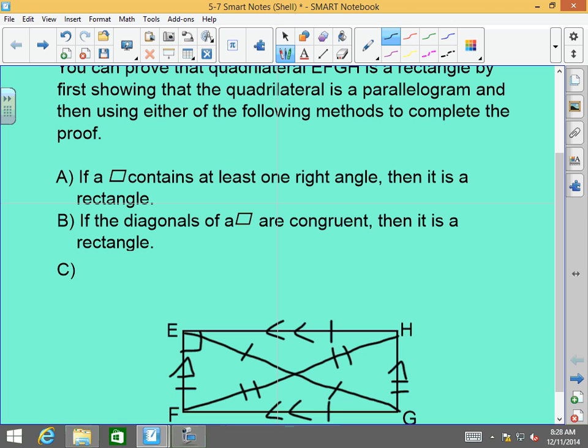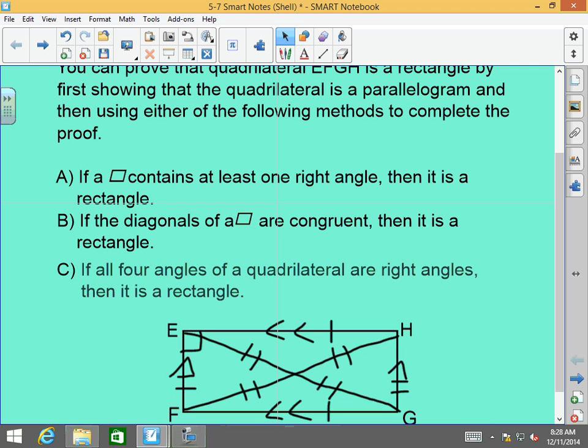If the diagonals of a parallelogram are congruent, then it's a rectangle. Not only do they bisect each other because it's a parallelogram, but all of the bisections are congruent. That's why I added another tick mark on those diagonals. So the diagonals are congruent, and then it is a rectangle. And the third way is if all 4 angles of the quadrilateral are right angles. So it's six of one, half a dozen of the other.